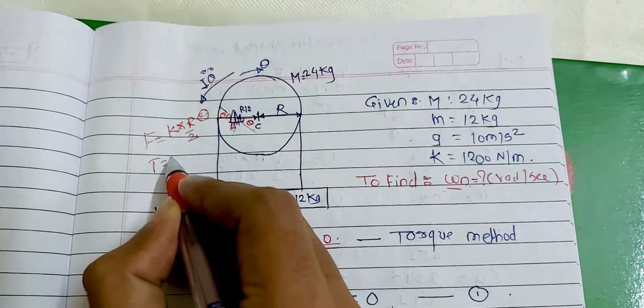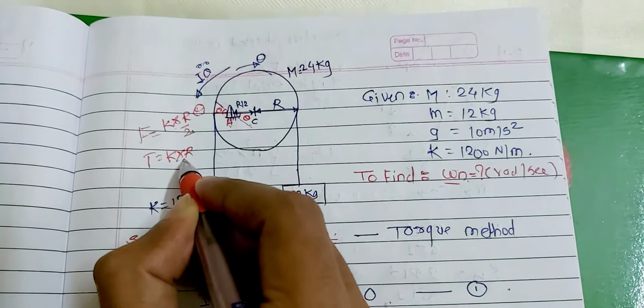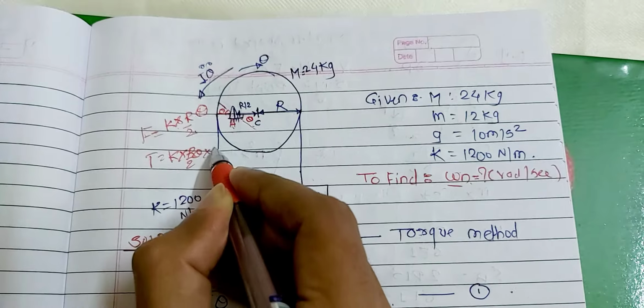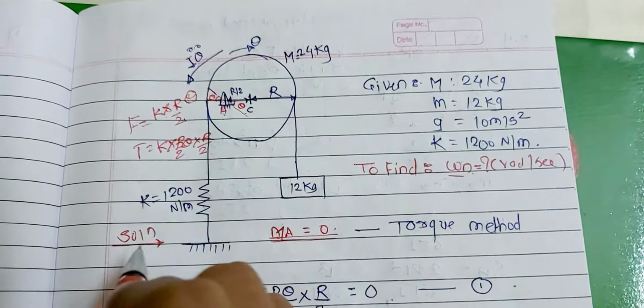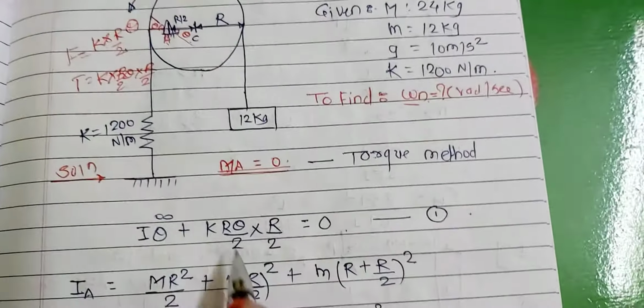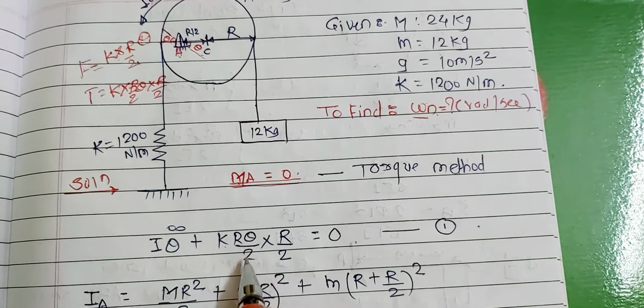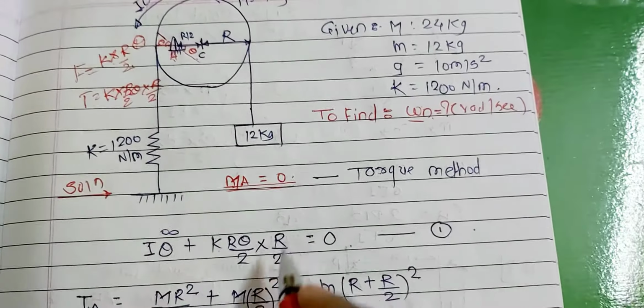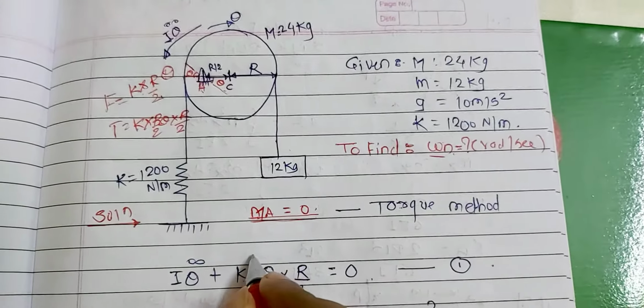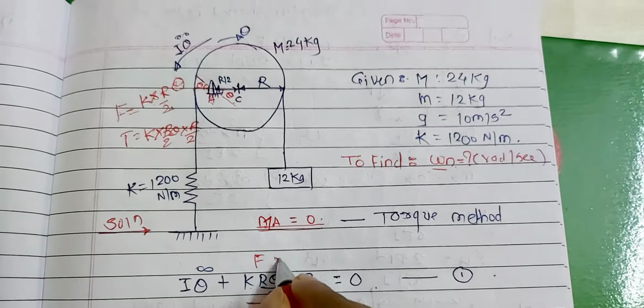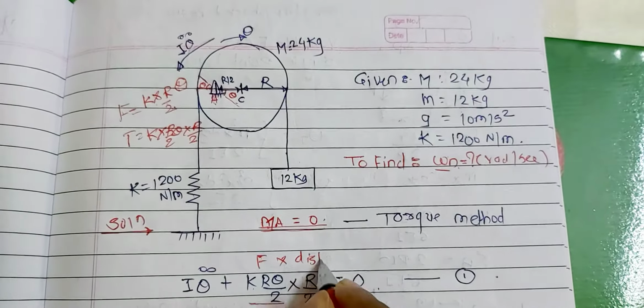So torque is nothing but K into R by 2 theta into R by 2. That is my torque. This is my force into the perpendicular distance, that is nothing but torque.